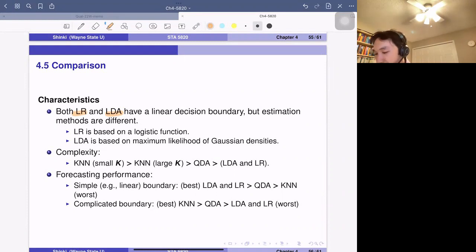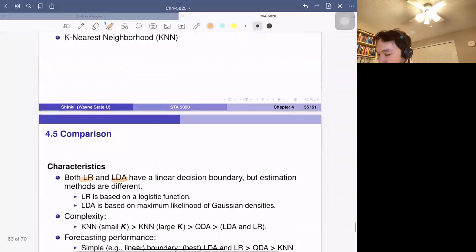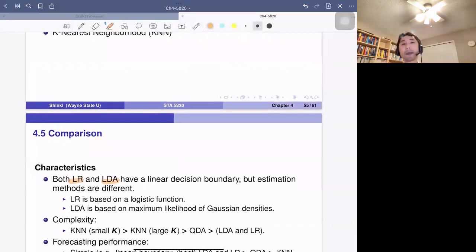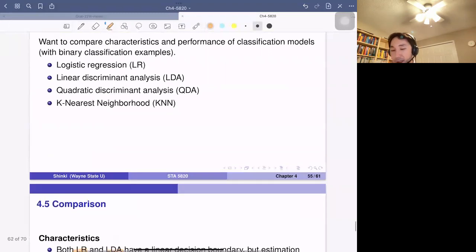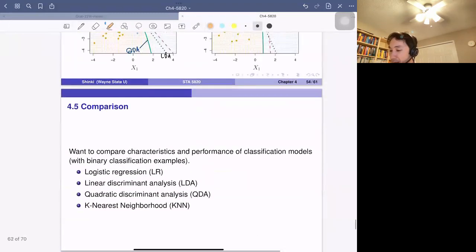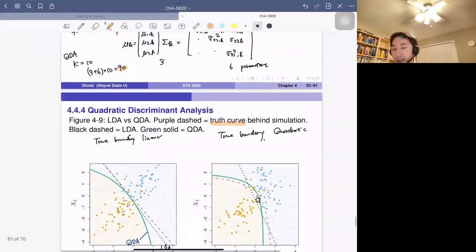Quadratic discriminant analysis and k-nearest neighbors, discussed in chapter 1 or 2, have nonlinear boundaries. QDA has a quadratic hyperbolic boundary, and KNN has a more flexible, data-oriented boundary. Logistic regression and LDA are simpler and easier, but cannot deal with complicated situations. KNN and QDA can deal with more complicated situations, but if the truth is simple, they may not be good.